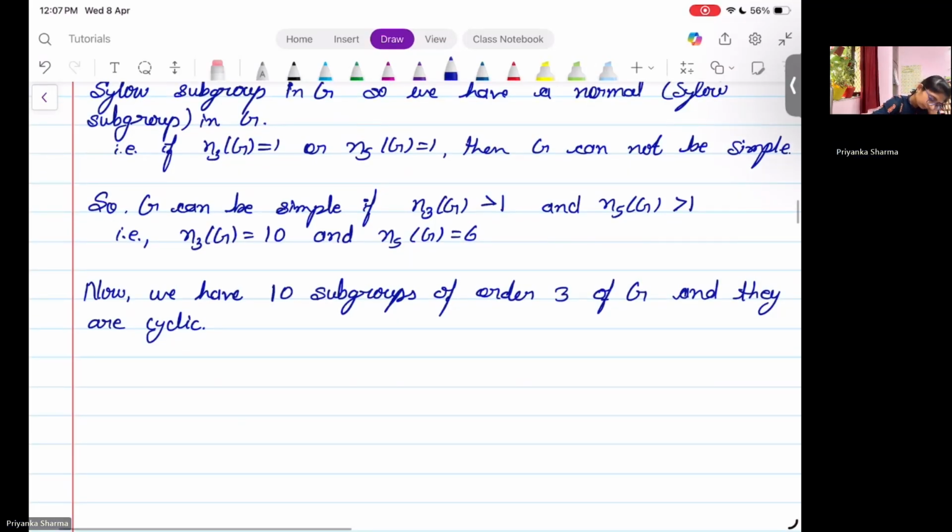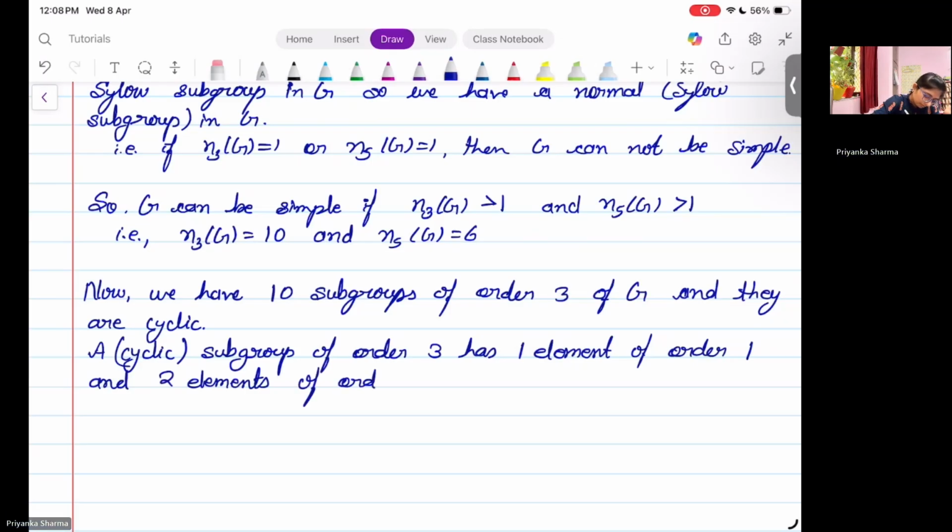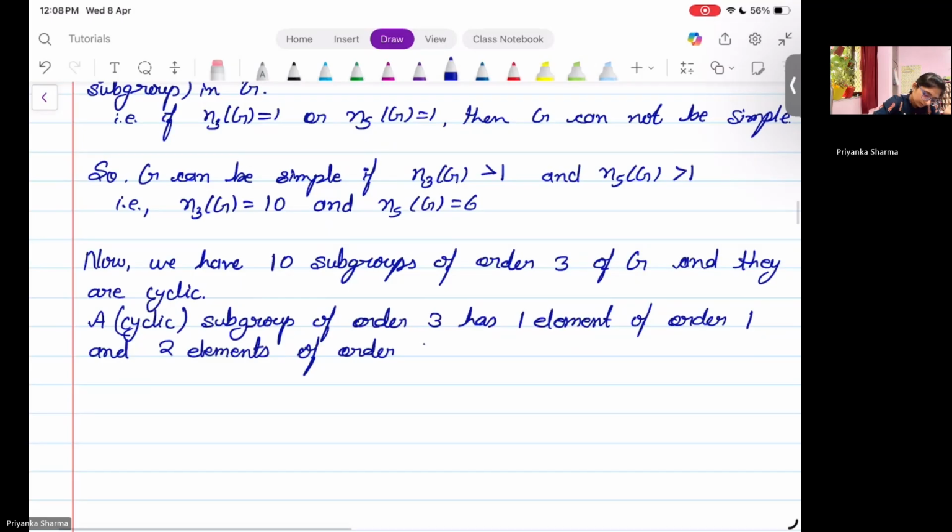So a subgroup of order 3 has one element of order 1, that is the identity, which is common in all these 10 subgroups of order 3, and two elements of order 3.